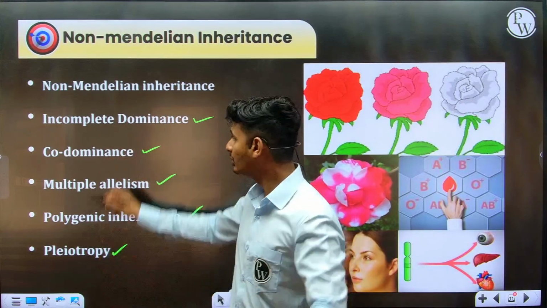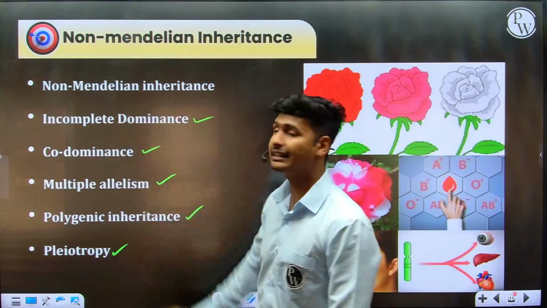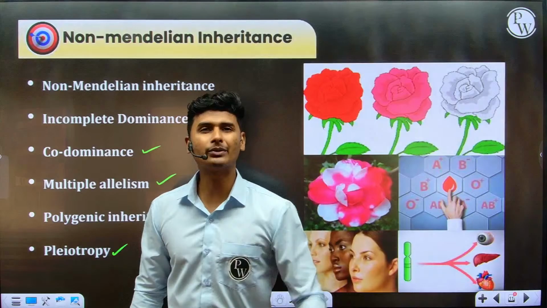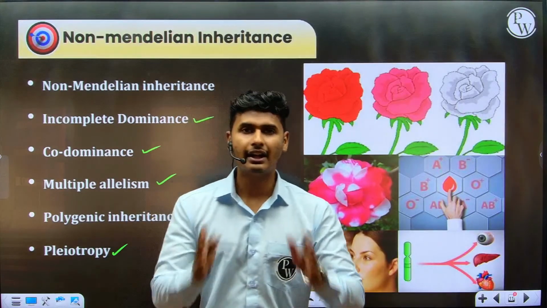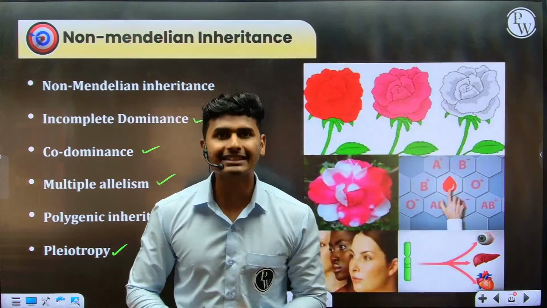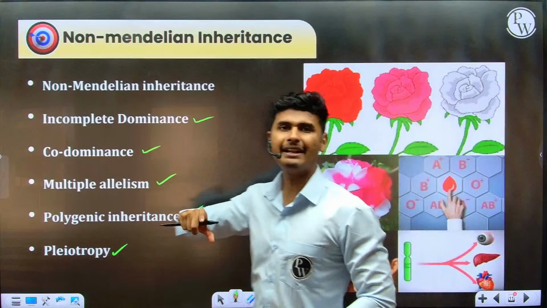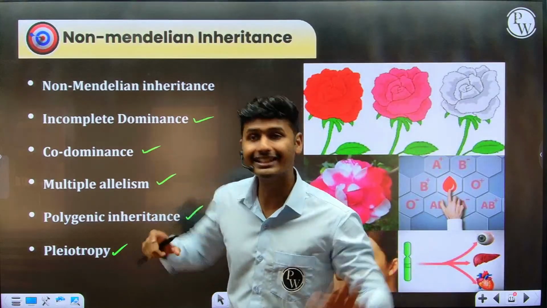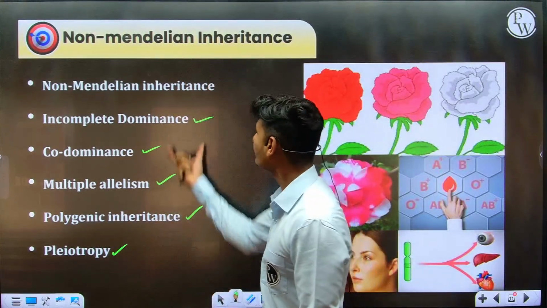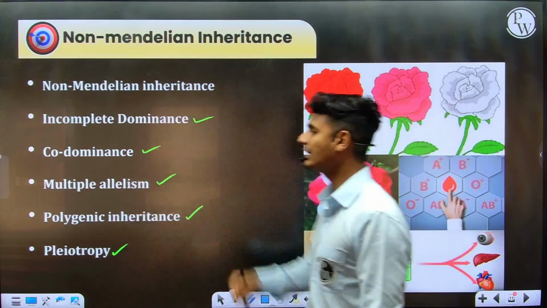But no non-Mendelian inheritance breaks the law of segregation. So the law of segregation is universally acceptable, while the law of dominance and law of independent assortment are not universally acceptable because there are non-Mendelian deviations for those two laws.